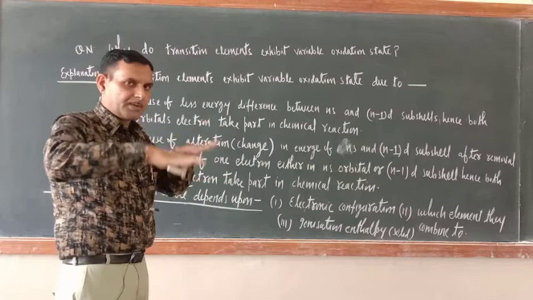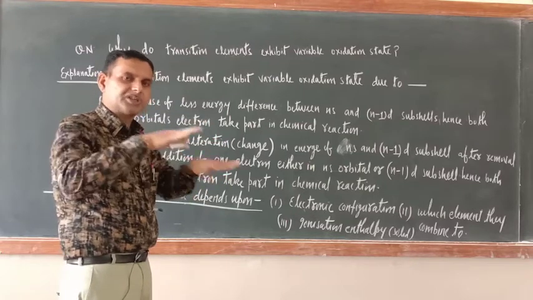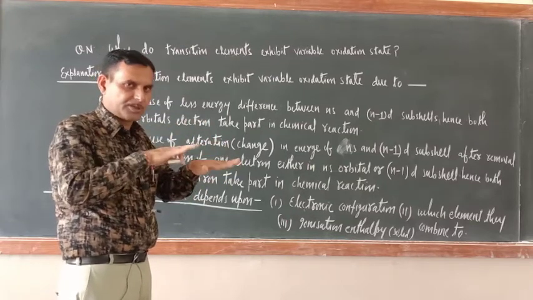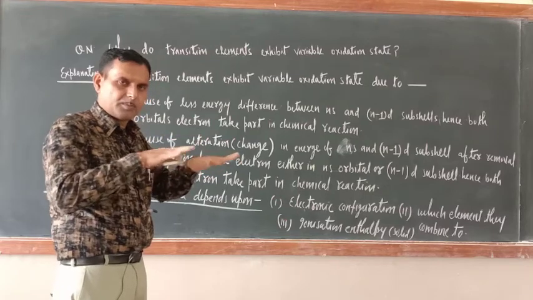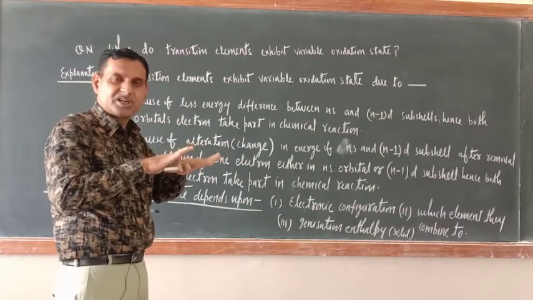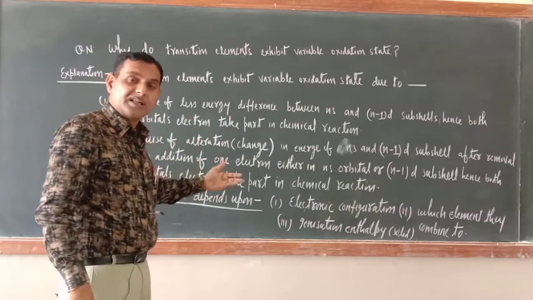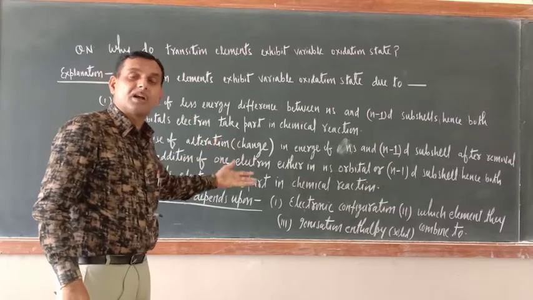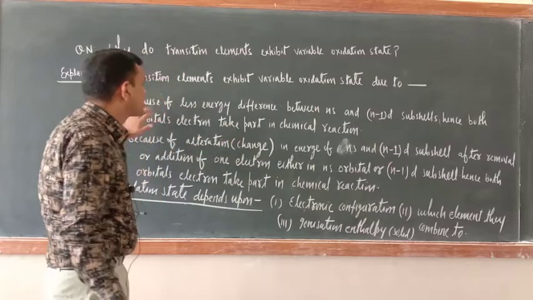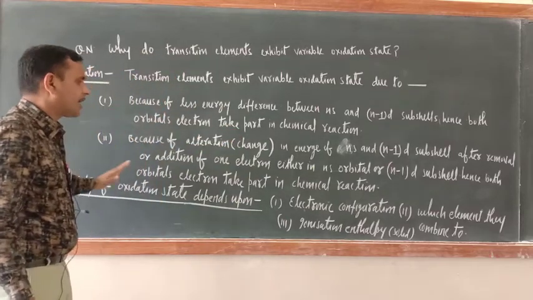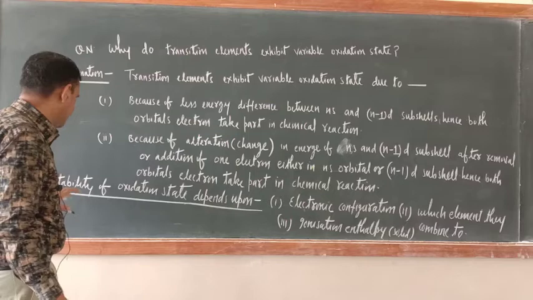So are you getting my point or not? Because of the addition or removal of electrons from 3d and 4s, there is an alteration. Alteration means change in the energy level. So that is why they exhibit more than one oxidation state. Because of these two reasons only, transition elements exhibit variable oxidation state.